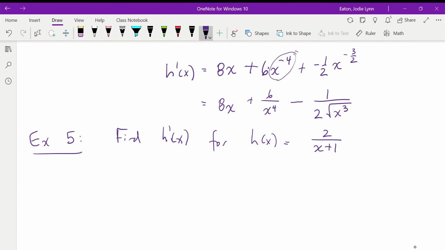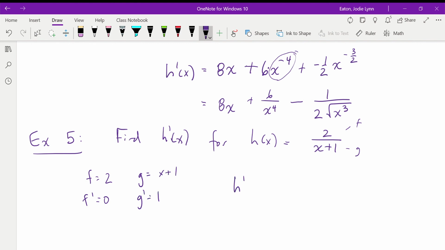And this happens a lot when you have more than one term in the denominator. Unless you can divide everything by it, you are going to have to use the quotient rule. So let's make this f and this g. So we have f equals 2, f prime equals 0, g equals x plus 1, g prime equals 1. So we have some relatively simple numbers.